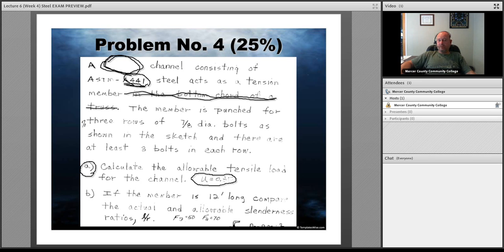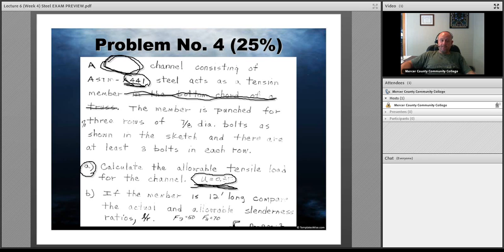You'll recall the U factor is for shear lag, and any member that's not a plate has shear lag. It takes a longer time for the load to get into the member. So part A is to calculate FT1 and FT2. Whichever one is the lowest, that's the one you report to me.